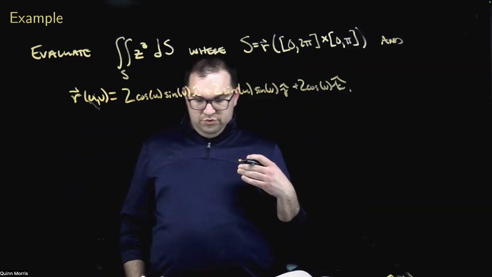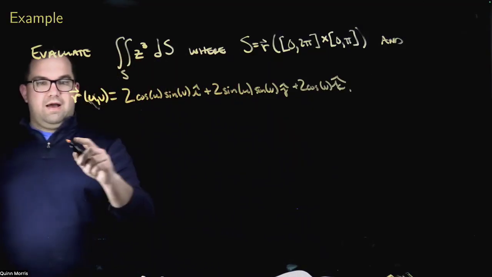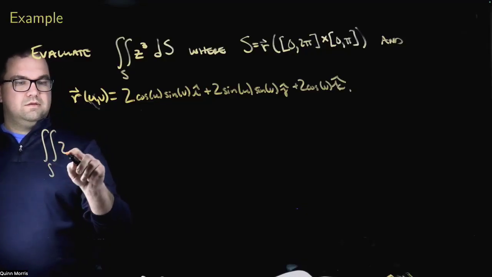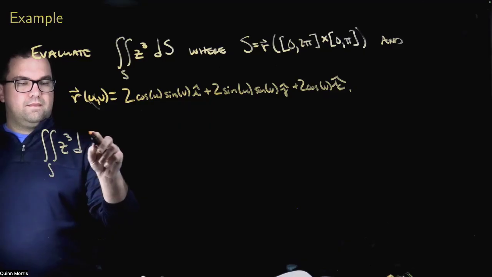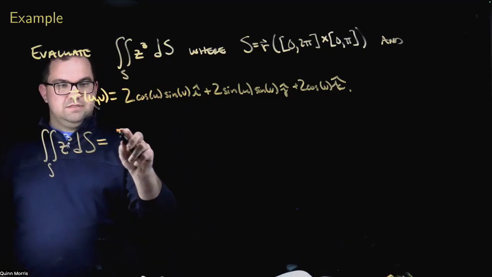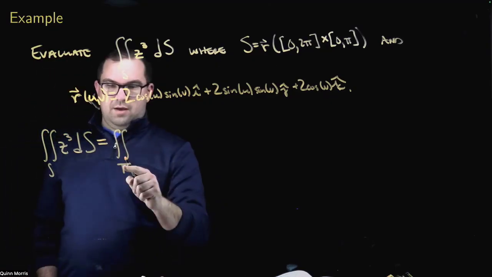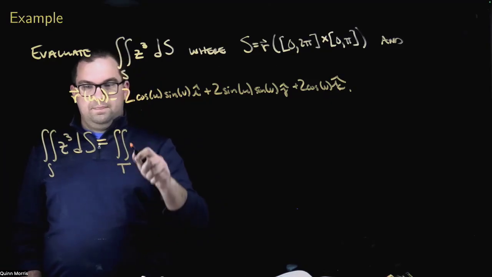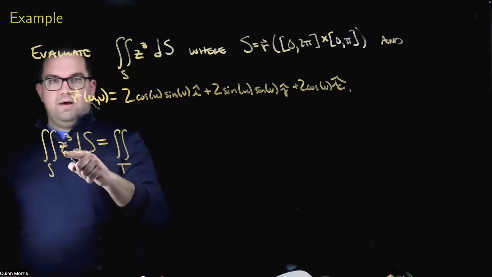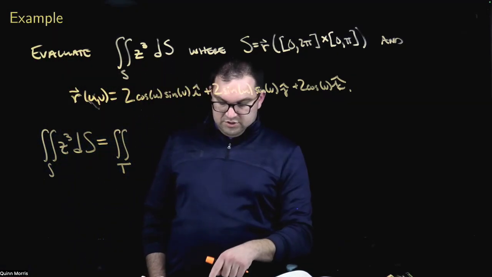So if we want to use this definition, we want to evaluate this. So what is this? Well, by definition, the surface integral is equal to the double integral over T of this function, but evaluated on the surface.